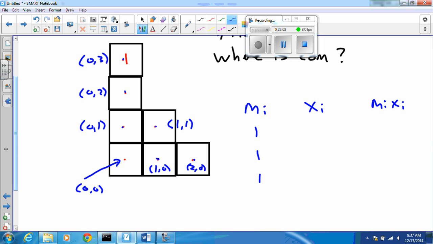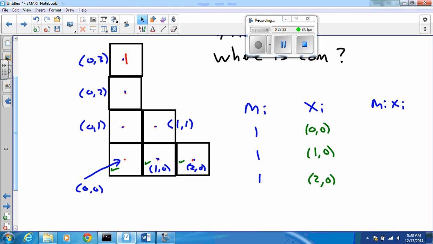Mass, location, and mass times location. Because we were clever, we made the mass 1, and so that's going to make the computation kind of simple. So we're just going to do one tile at a time. And I'll check them off as I go so that I don't double count or forget anyone.